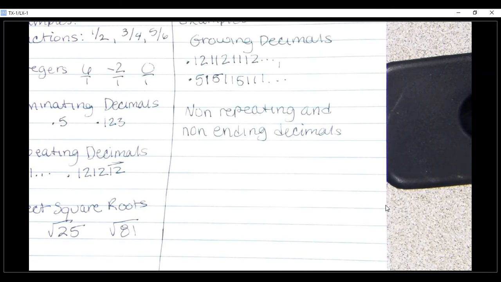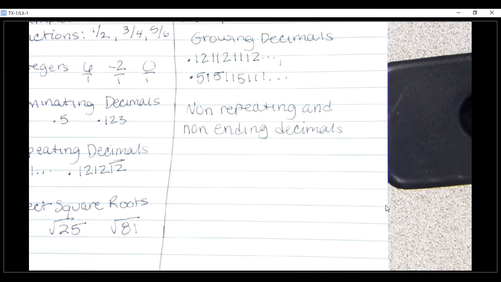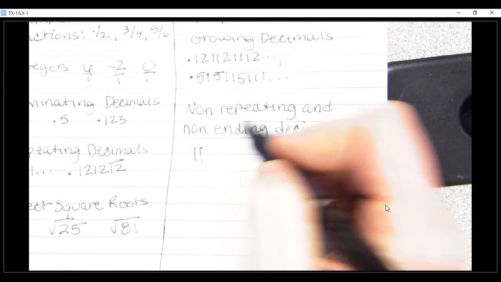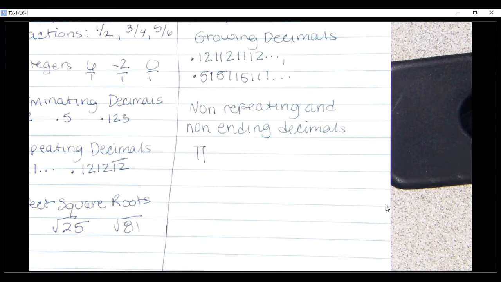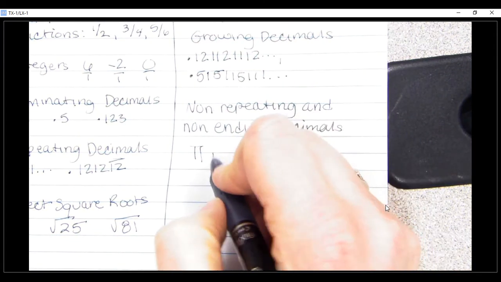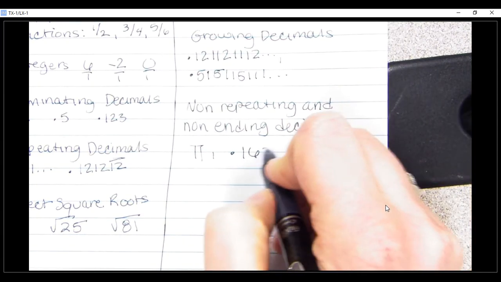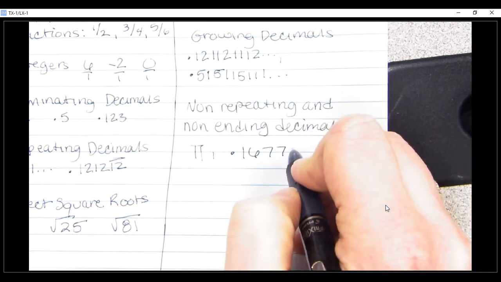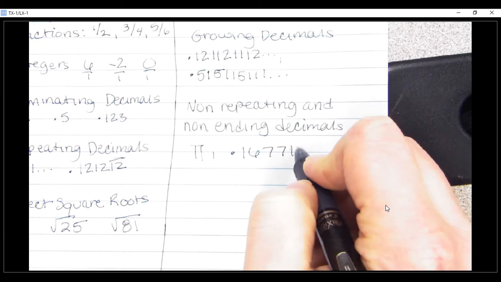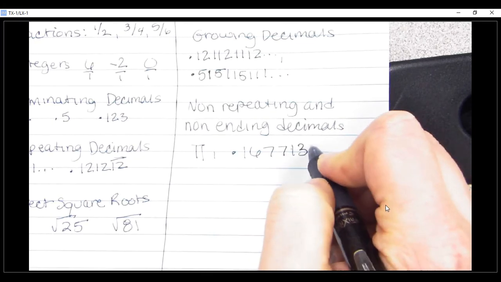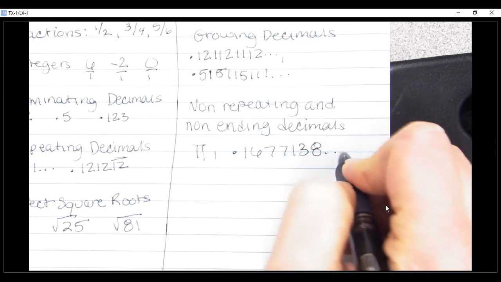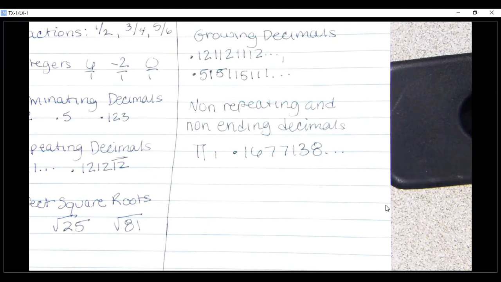Instead, they're just random. So the best example for this is going to be pi. Pi never repeats and it goes on forever. You could also create your own by having a decimal and then creating just random numbers in a sequence, with three dots at the end to show that it just doesn't repeat. It doesn't show any pattern and it goes on forever.